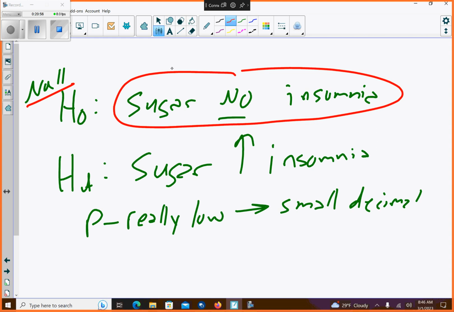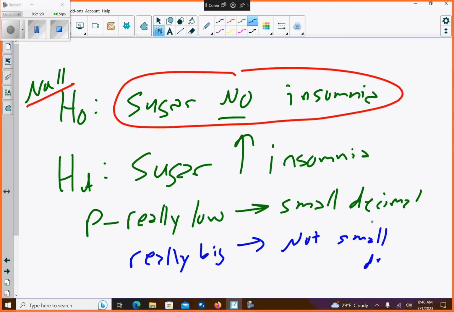It says if our p-value is higher, then we fail to reject the null, and we fail to find strong evidence that sugar consumption increases the risk of insomnia. So if this is really high, or really big, so not a small decimal. And when I say small decimal, I've seen p-values like 0.0821.